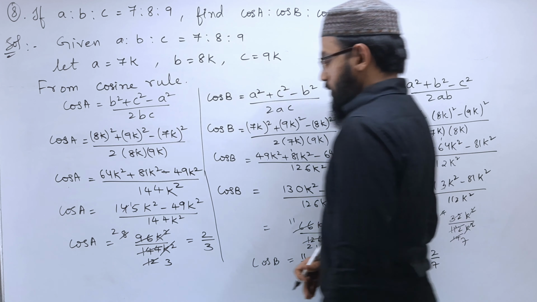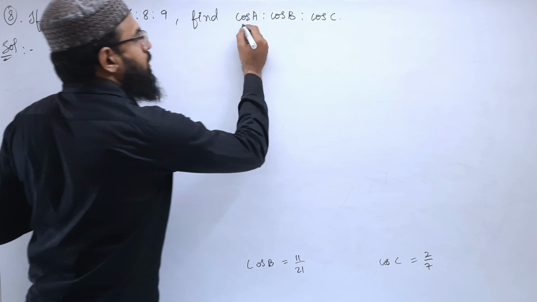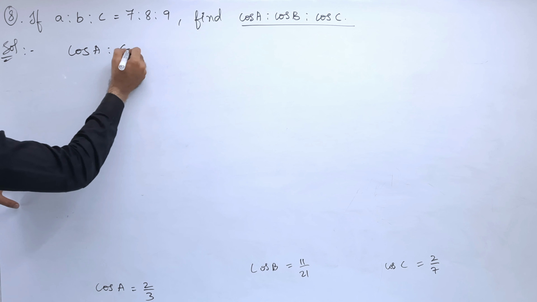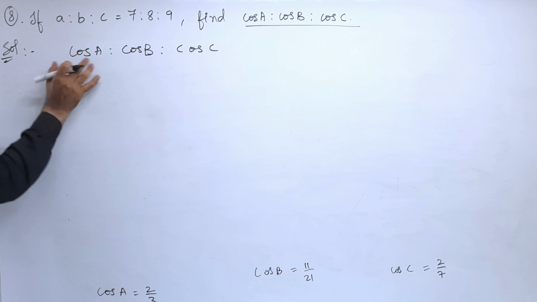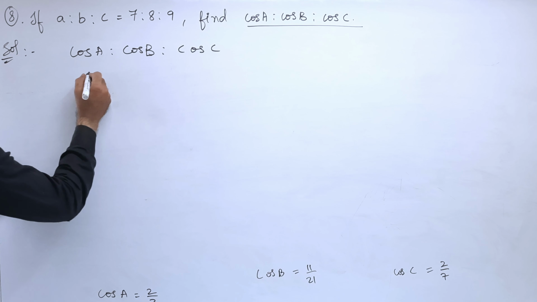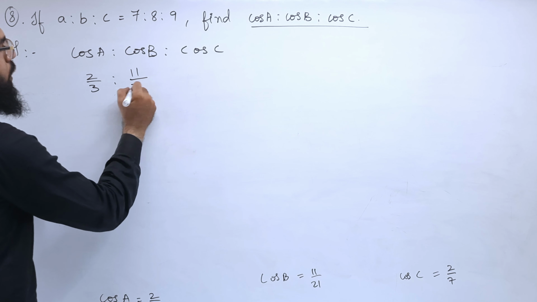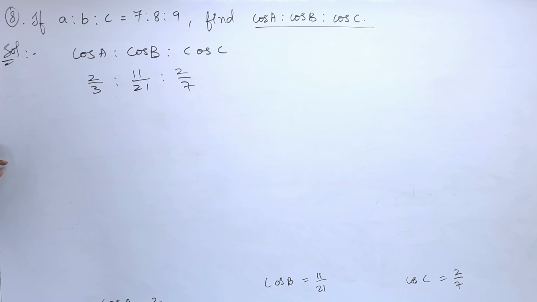and cos A = 2/3. Let us find their ratio. Now we will find the ratio cos A : cos B : cos C, which is 2/3 : 11/21 : 2/7.